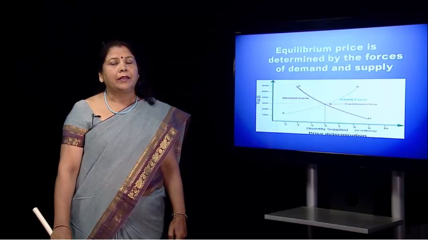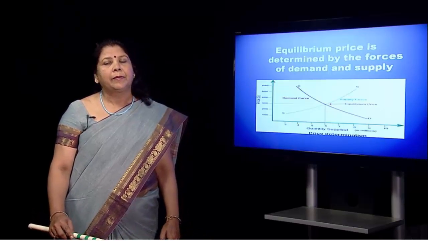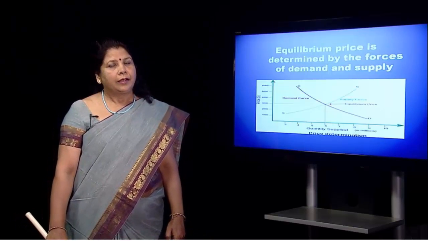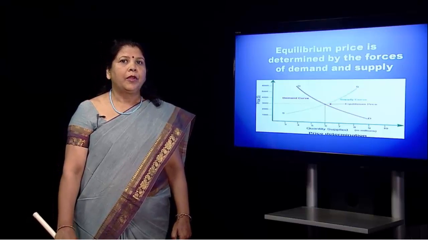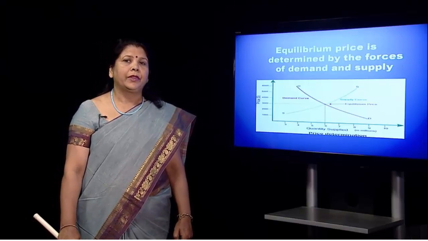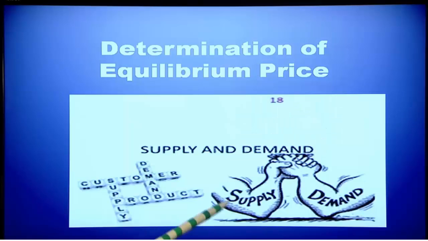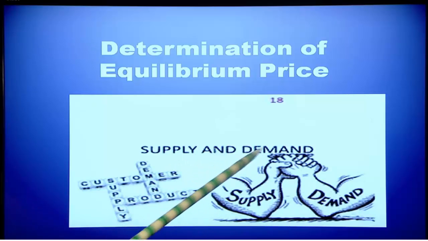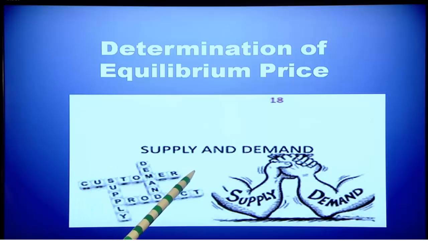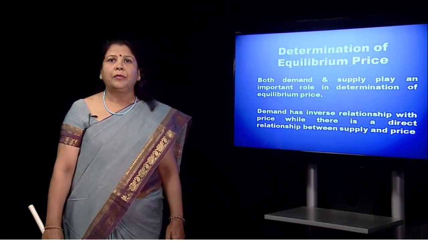In this manner, the forces of demand and supply together help to form the equilibrium price in the market. It's like a tug of war or a contest between the supply and the demand forces, the demand being exerted by the consumers and the supply being exerted by the producers of different products.